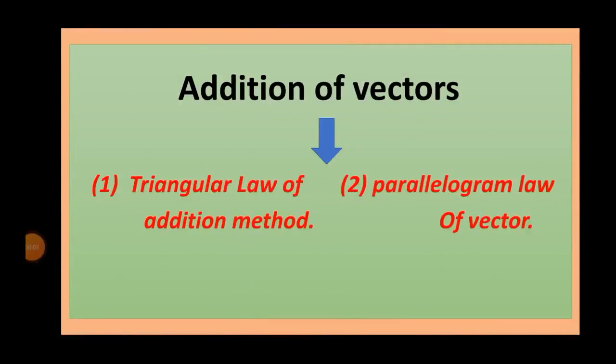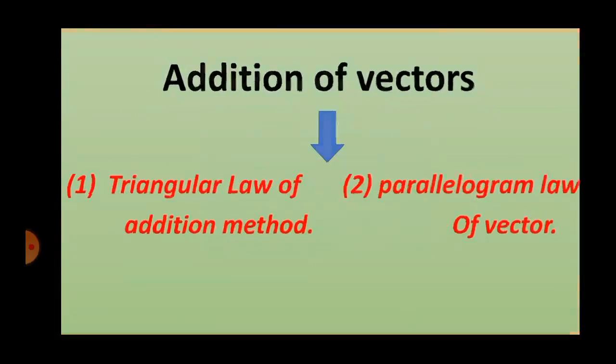Already you know that as vectors have both magnitude and direction, they cannot be added by the method of ordinary algebra. Thus vectors can be added geometrically or graphically. We shall now discuss the addition of two vectors graphically using the head-to-tail method.